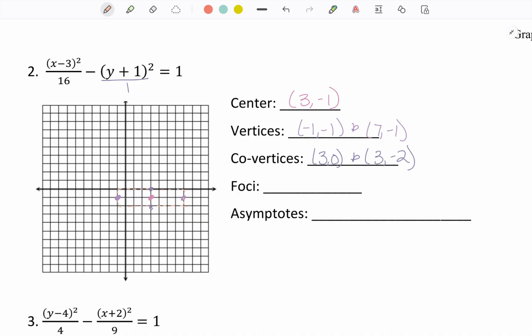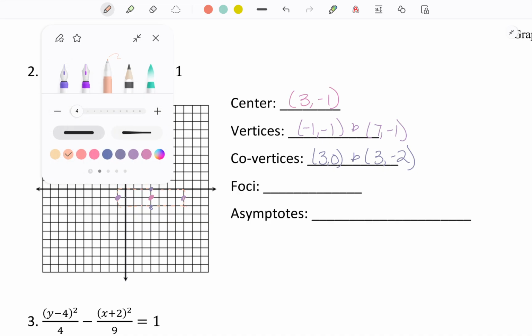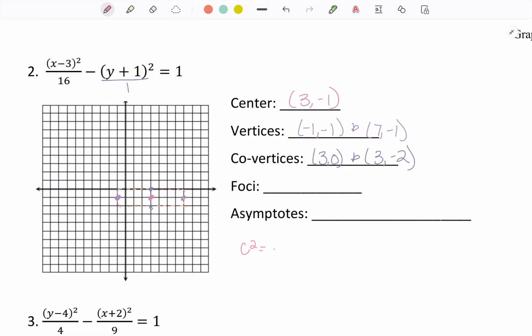So our foci, that is going to be c squared equals a squared plus b squared. So we are going to have c squared equals 16 plus 1, which is 17.